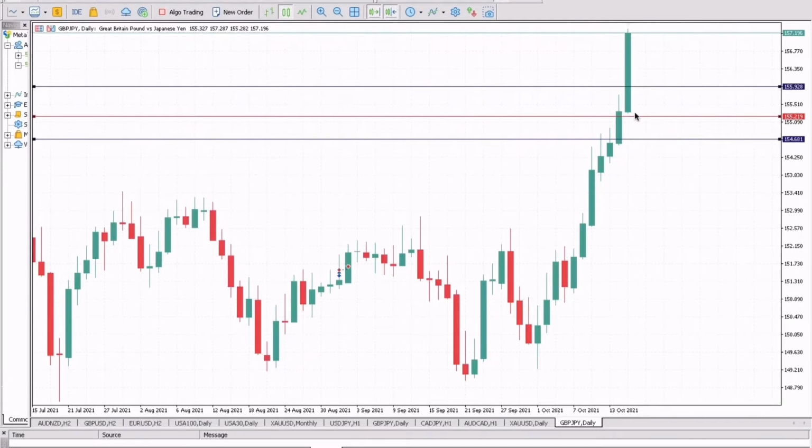Most times the market may go to this resistance, then return and go back, then return, just like that within the trade. It may go up and come down, go up and come down. That's why sometimes when you see a candlestick like this, you end up seeing some wick here.